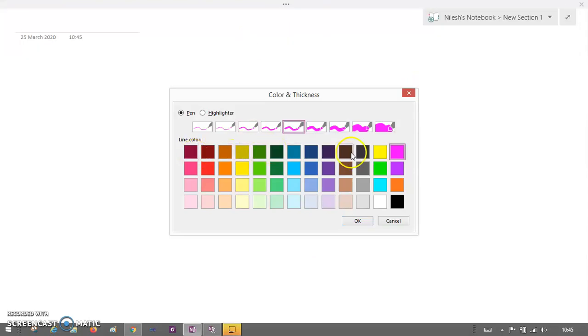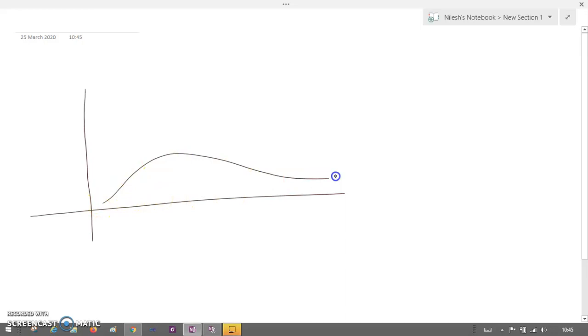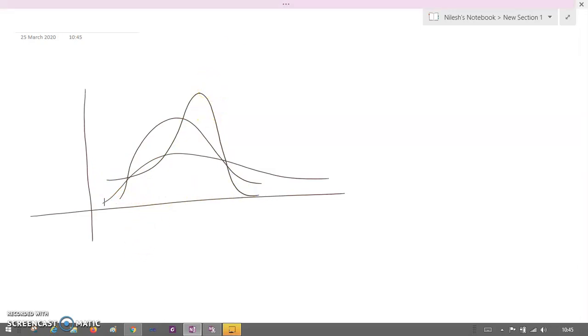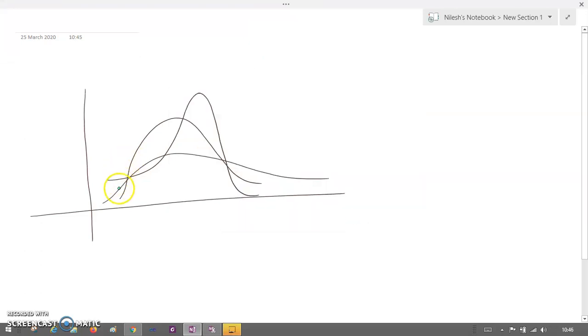let me take another color here. The graph is this: this is one PDF, another PDF and another PDF. So these are the individual PDFs, but these individual PDFs also have some linear combination.